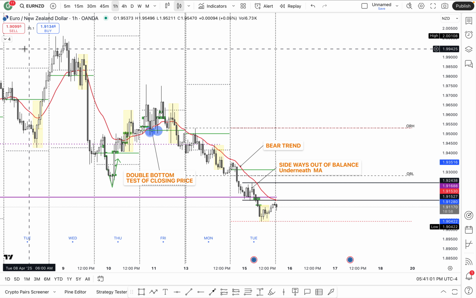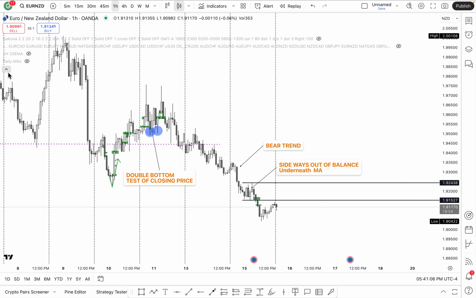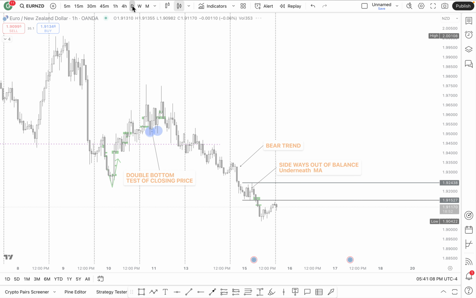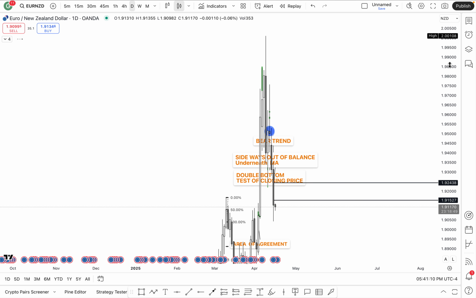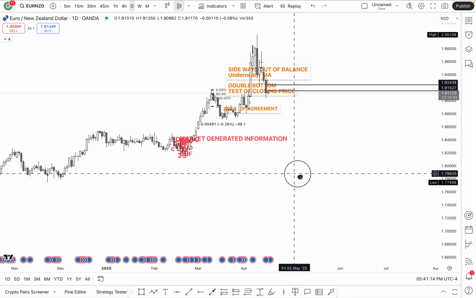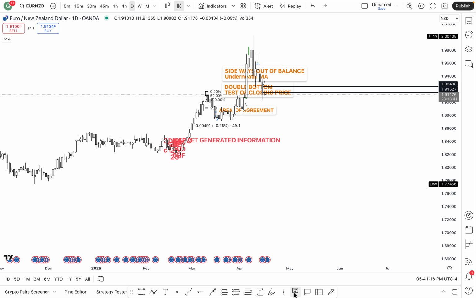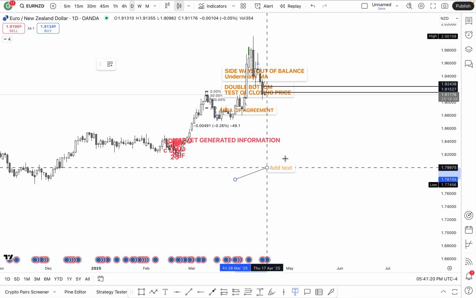Now, when you get that done, as a beginner, you should understand one thing. The market moves in 3 cycles. What are these cycles?